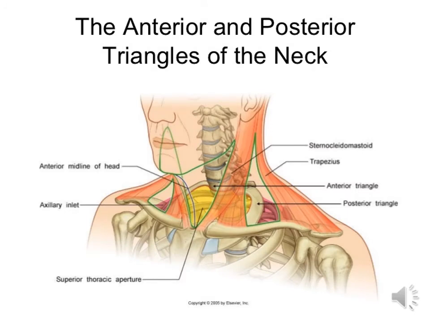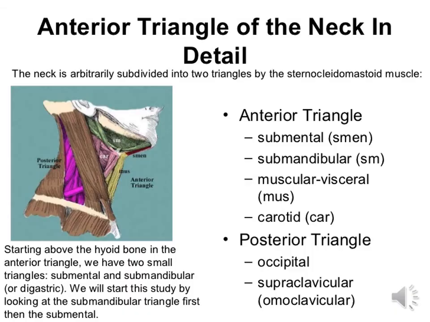Now, the triangles within the neck. We have divided the neck into two triangles according to their location relative to the sternocleidomastoid muscle: the anterior triangle and the posterior triangle. Now we start with the anterior triangle of the neck. The neck is arbitrarily subdivided into two triangles by the sternocleidomastoid muscle, the anterior triangle and posterior triangle.